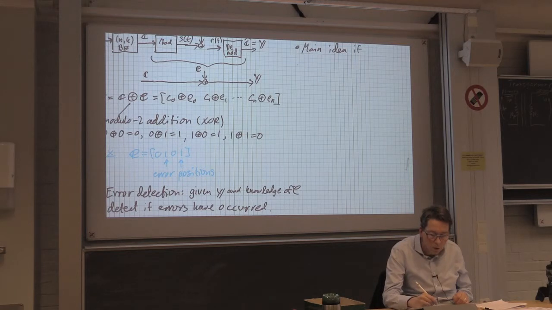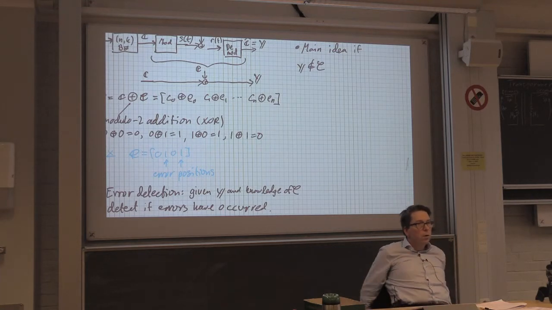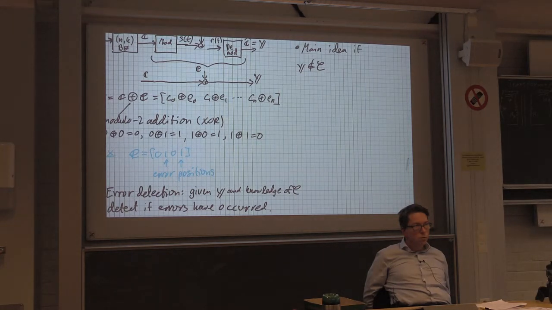If Y is not in C, so Y is not a code word, what should we say then? Errors occurred or errors not occurred? So we know that we transmit code words, right?